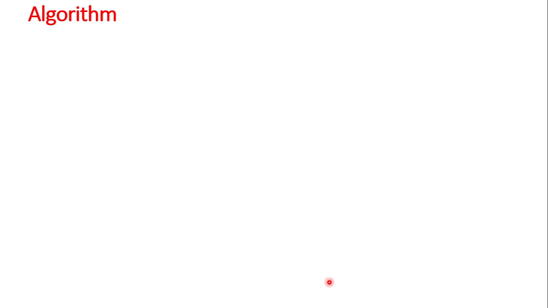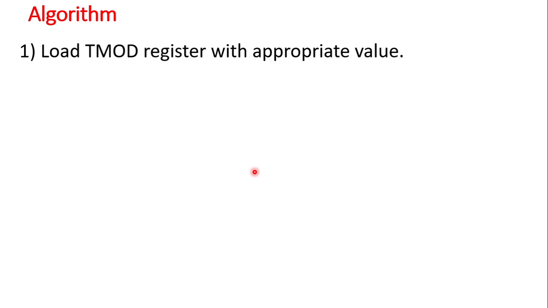Now the first step is that you are using timer 0 in mode 1. And TMOD is the register which helps us to configure the mode of a timer. So we should load TMOD register with appropriate value, and that value can be calculated by using proper 1-0 pattern.